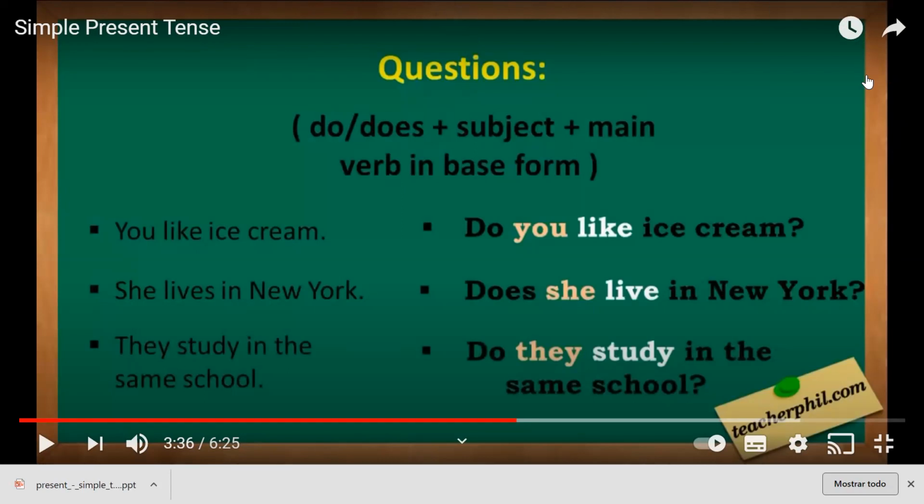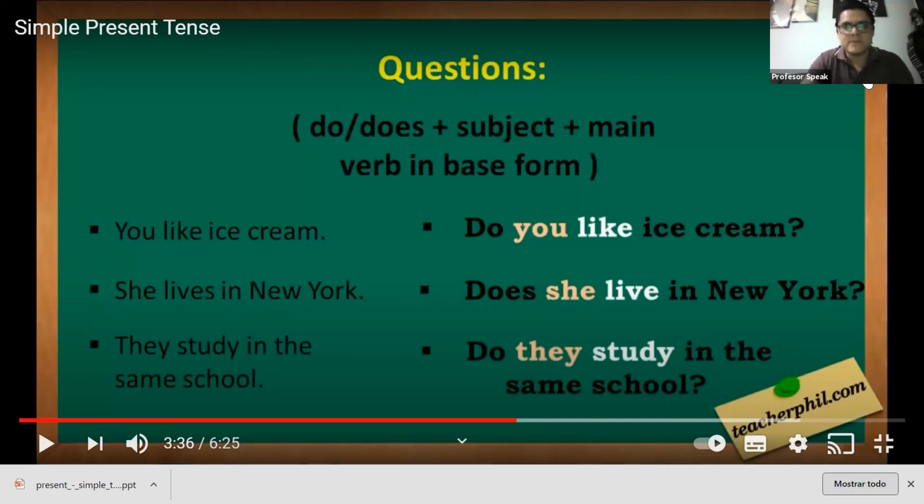The question is, do you like ice cream? She lives in New York. The question is, does she live in New York? And they study in the same school. And the question is, do they study in the same school?